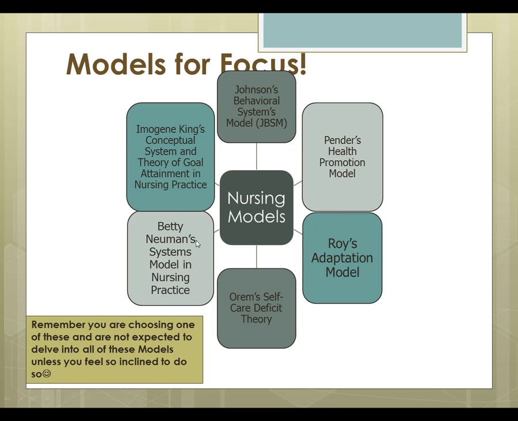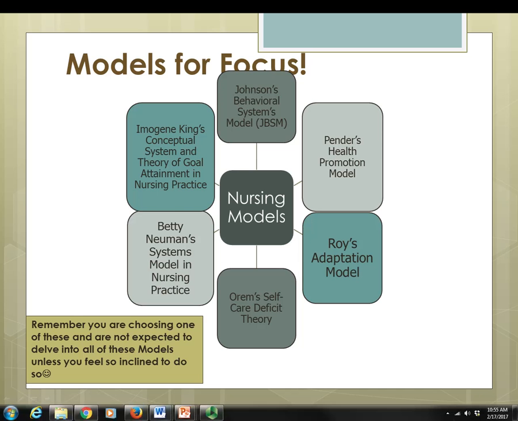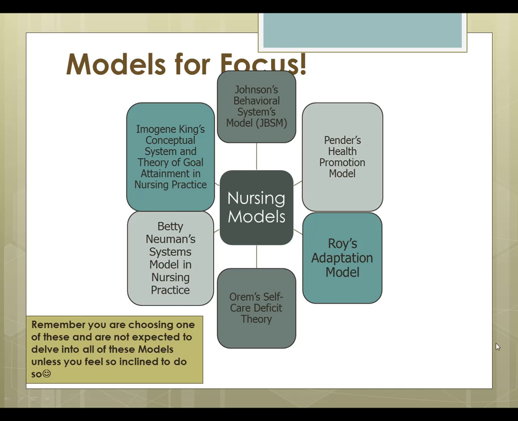Here is Betty Neuman's systems model in nursing practice, and of course there's Imogene King's conceptual systems and theory of goal attainment in nursing practice. One way you can tell something is a model is, and it's not always true, but generally speaking, the person's name is at the beginning of the model, the person who developed it.